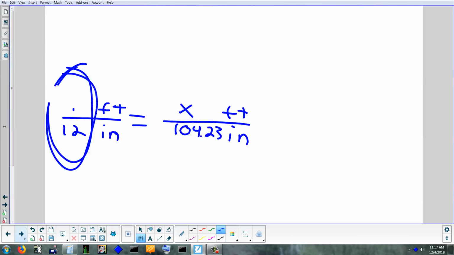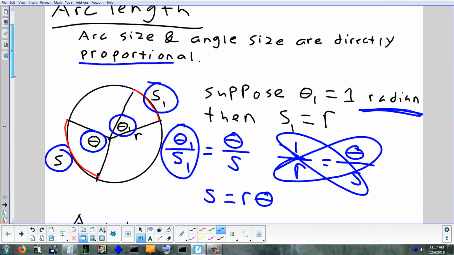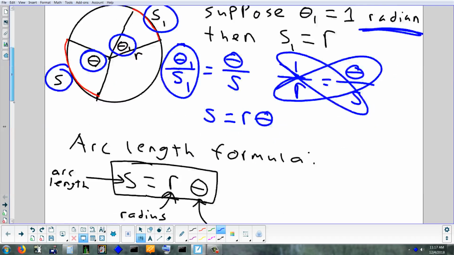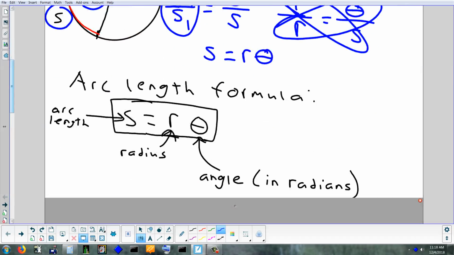It's just like if somebody gave you the formula 1 foot equals 12 inches, and they wanted you to convert between feet and inches, you've got to use feet and inches. You can't plug in centimeters. That's not the units you started with. You started with feet and inches, so you're going to end with feet or inches, depending which one you're solving for. We started with radians, so we're going to end up with radians.